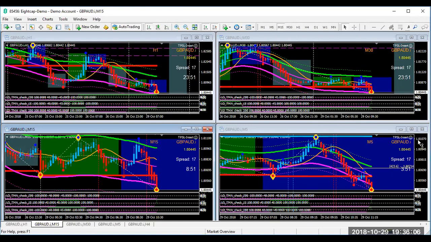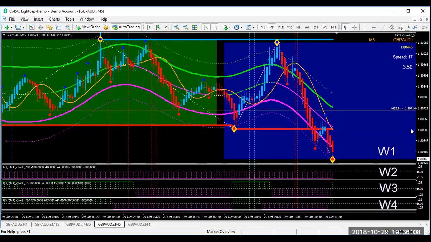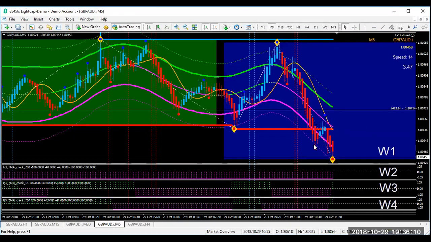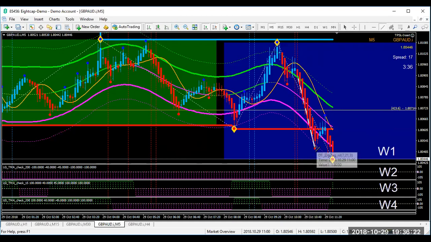Okay, but before we go, this is a good example of what we're talking about when we're marking it up. Price went down, got a diamond for exit. We've closed the trade, or we didn't enter the trade, because price was in the wrong zone. Price came back above and gave us a blue dot alert.